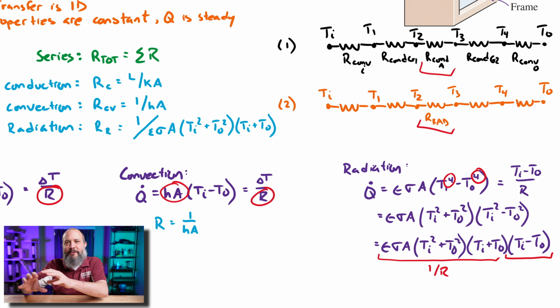All the stuff we started with, plus all of these new parenthesis terms, the temperature squared and the temperatures by themselves. So this is why the radiation thermal resistance term is so much more complicated looking than the convection and conduction equations. It's because radiation is based on temperature to the 4th, and it takes all this extra algebra to isolate delta T by itself.